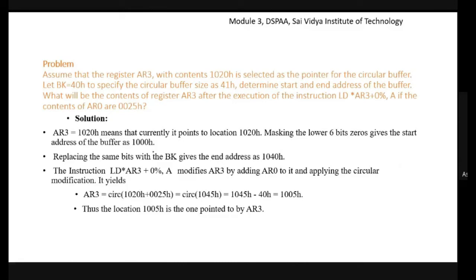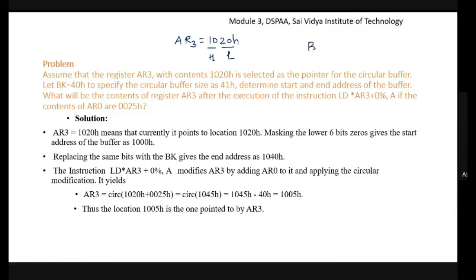Okay, now we'll try to understand the circular addressing with the help of this particular problem. See here, I'll read out the problem. Assume that the register AR3 content is 1020 hexadecimal. So this is lower and this is higher. It is selected as the pointer for the circular buffer.